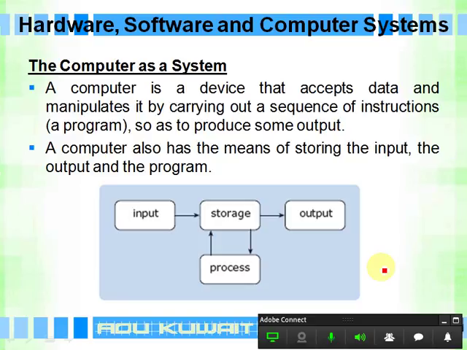Fine. A computer as a system: a computer is a device that accepts data as an input, manipulates it, it means processes the data, and gives the output. And sometimes it will store the data.